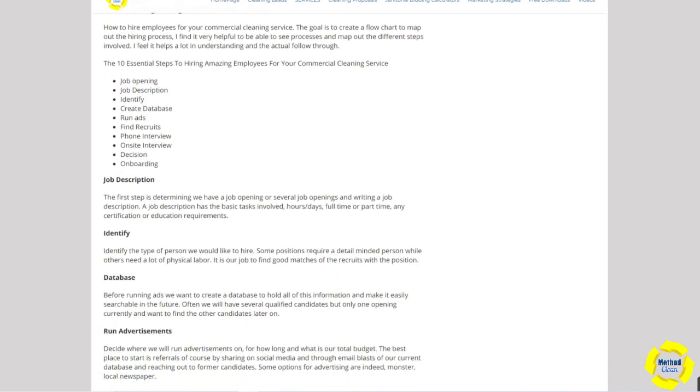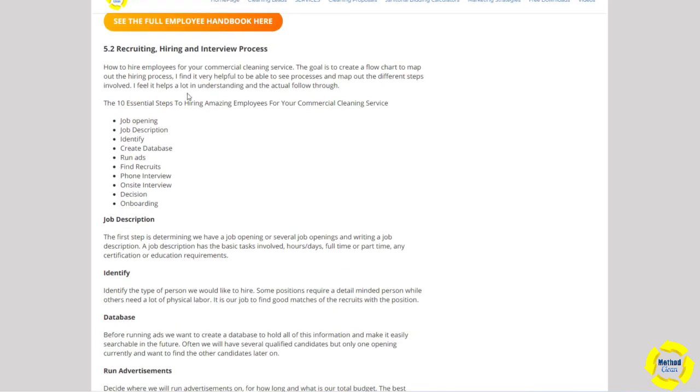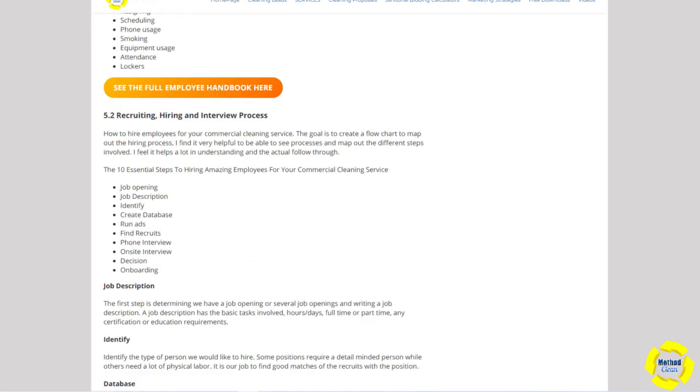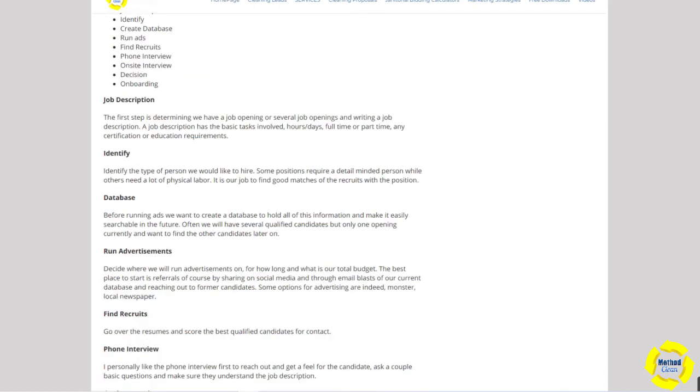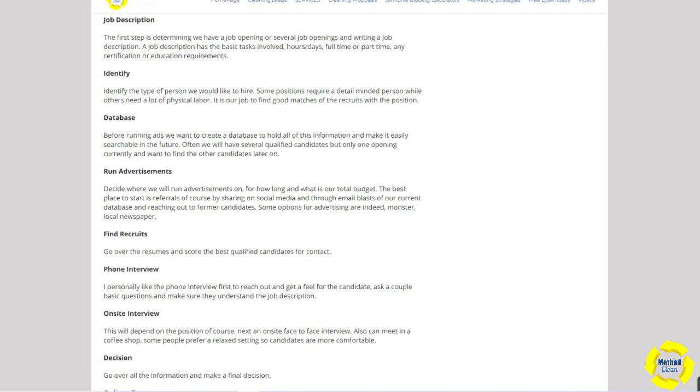This would be 5.2, and it's going to be a critical part. It's critical for every business, but especially in the janitorial business: recruiting, hiring, and interviewing. We want to lay this all out. What are the steps to hiring good employees on a consistent basis? What do we need? Here are some basic things that we need.